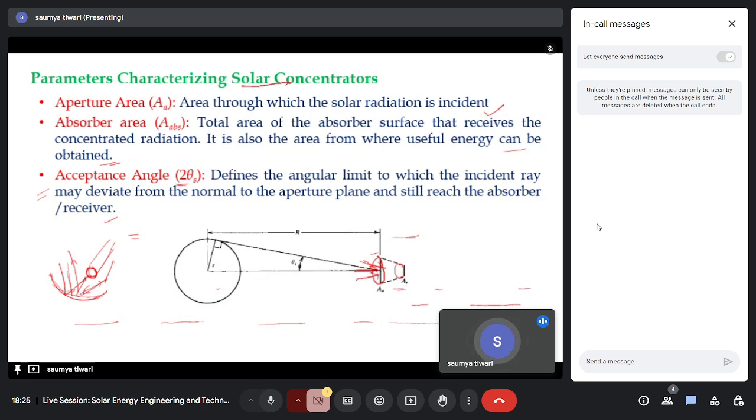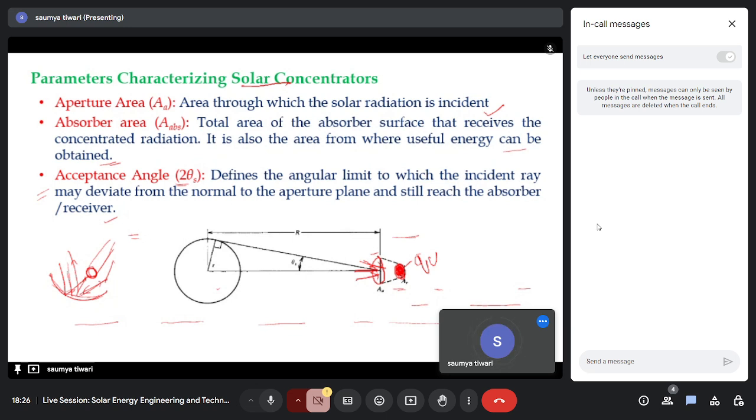And the absorber area is the small area on which this concentrated solar radiation falls. So this is your receiver area or absorber area. It is the area from which your useful energy q is utilized.